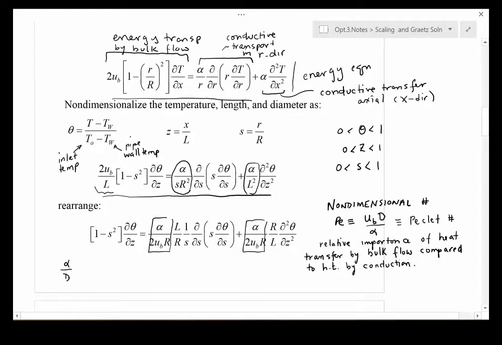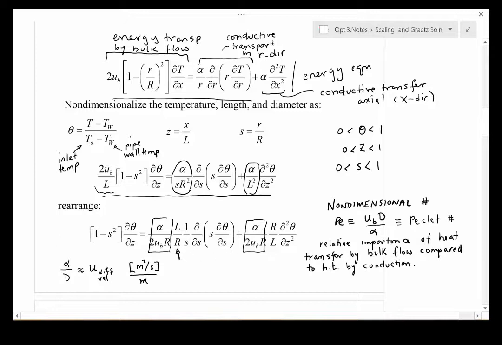So alpha over D, I'm going to say, is like a diffusion velocity. The way you can see that is that alpha has units of meters squared per second, and D has dimensions of meters, so alpha over D has units of velocity. So this non-dimensional equation has this Peclet number, as we mentioned, but it also has a geometric length scale.